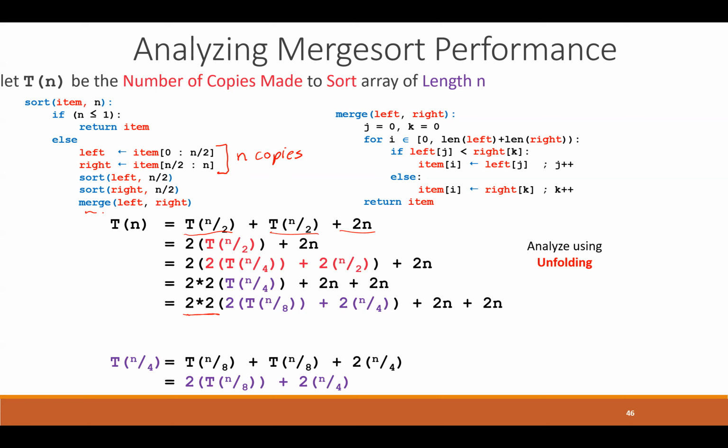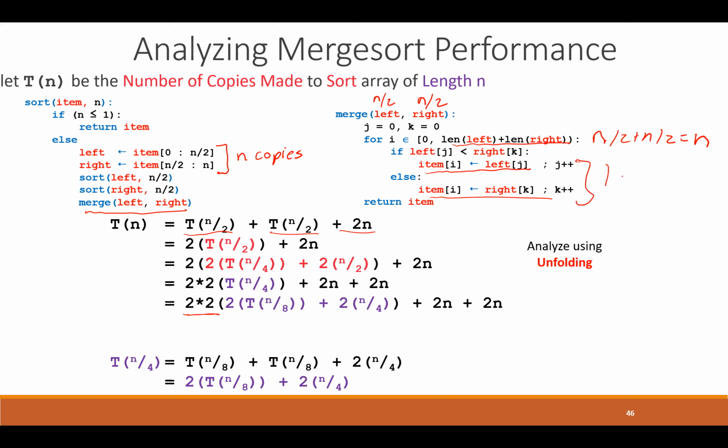And then in my merge step, I know that the left-hand side has size n over 2, and the right-hand side has size n over 2. Then I have a for loop that goes from 0 to length of left plus length of right, which is n over 2 plus n over 2 equals n. And each time I iterate this for loop, I either copy something from the left list or the right list.